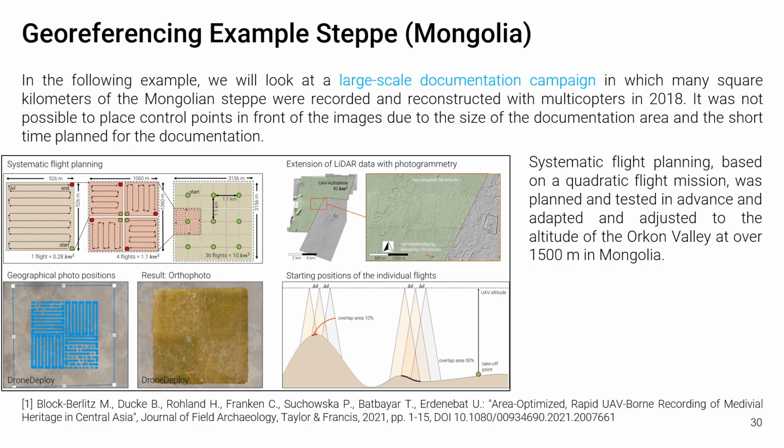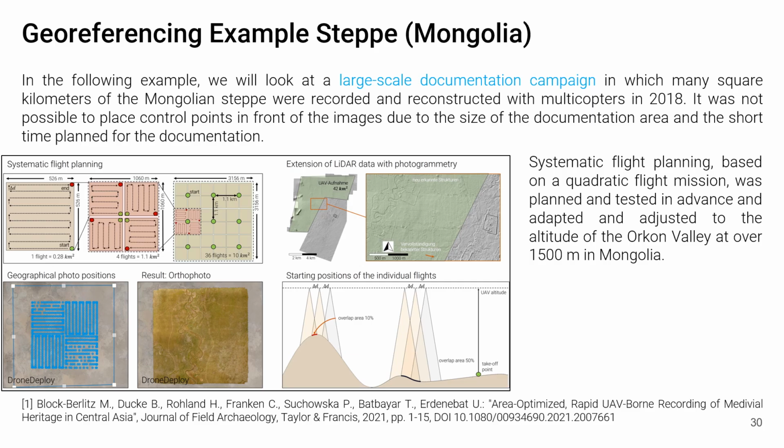The individual recordings were planned with the Pix4D capture software and carried out with 2 DJI Phantom 4 multicopters flying in parallel. Systematic flight planning, based on a quadratic flight mission, was planned and tested in advance and adapted and adjusted to the altitude of the Orkhon Valley at over 1,500 meters in Mongolia.